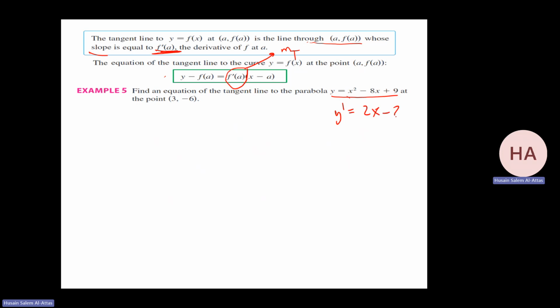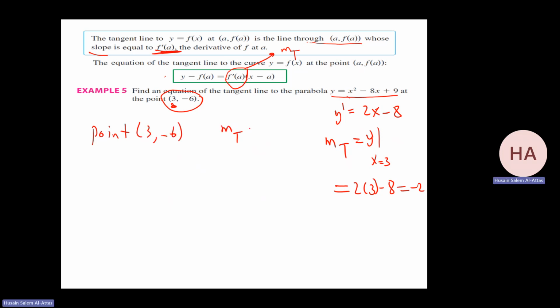That will be 2x minus 8. So what will be the slope of the tangent? It will be y prime at x equals 3, which is 2 times 3 minus 8, which is minus 2. So I have a point. The point is 3 and minus 6. The slope of the tangent is minus 2.